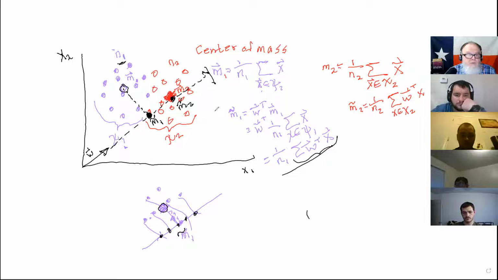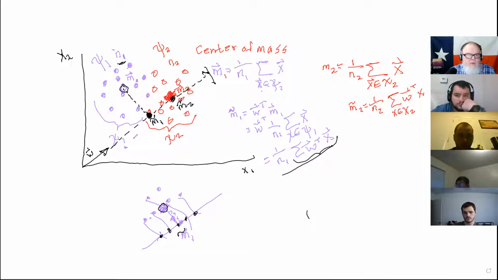Now, just as before, we have the two types. We have the class of psi1, right, which is the purple. Then we have the class of psi2, which is the red here.